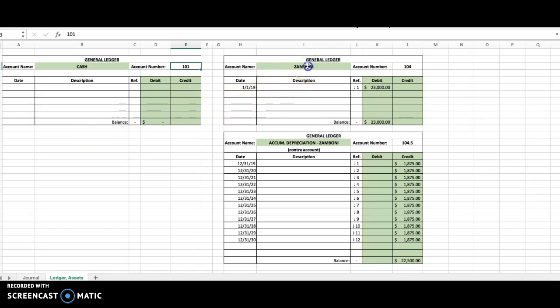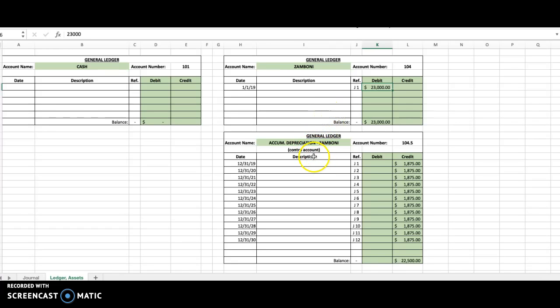In the Zamboni account, however, which is an asset, this happens to be account 104, and remember, we are assuming this is the year 2030. And way back in January of 2019, we bought this Zamboni for $23,000, and this account has not been touched for the past 12 years, showing the original price of that Zamboni.